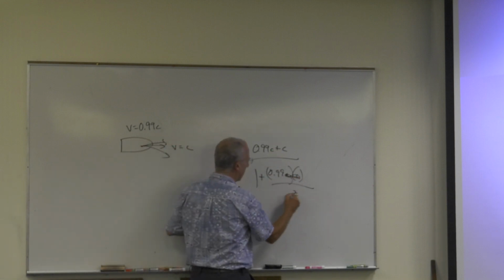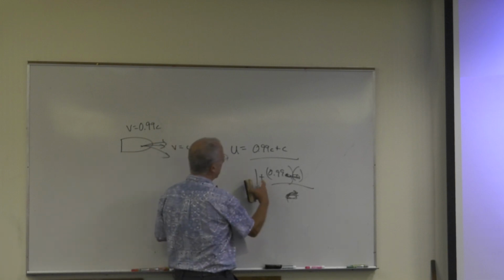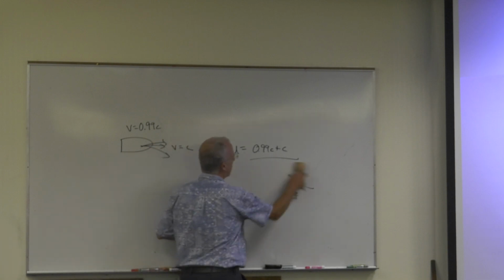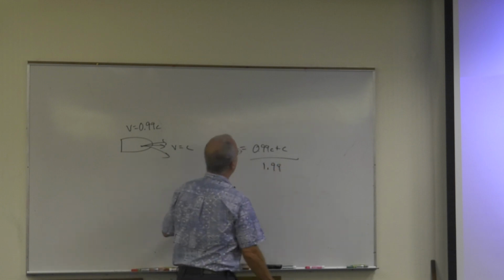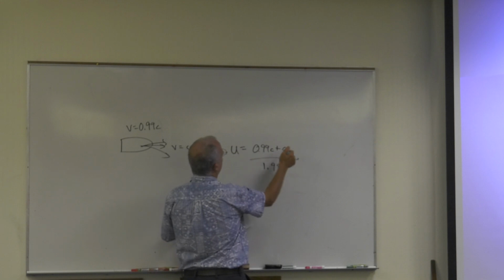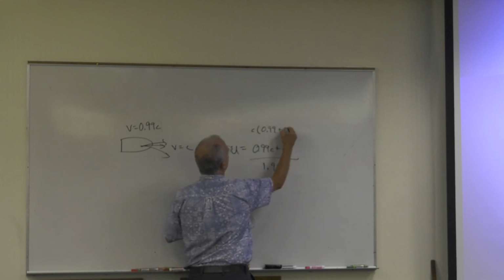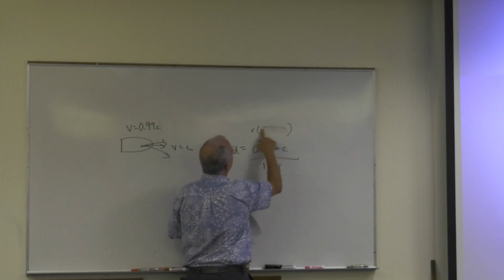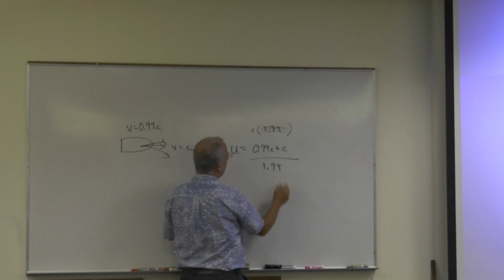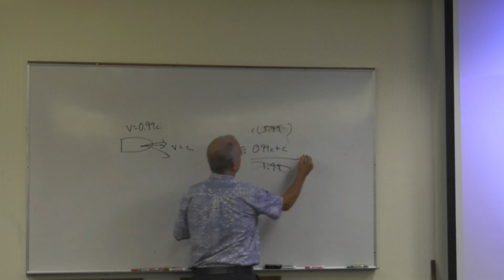So these c's kill that. And then on the bottom we have 1 plus 0.99, which is 1.99. And here, factor out the c, and we get 0.99 plus 1, which is 1.99, which cancels the numerator and denominator, so we just get c.